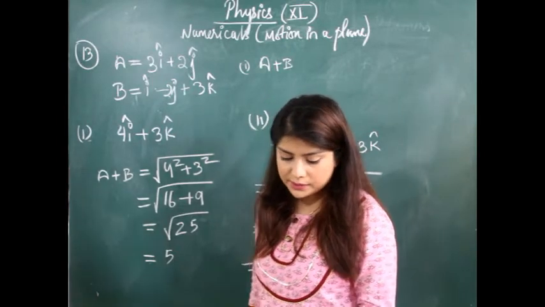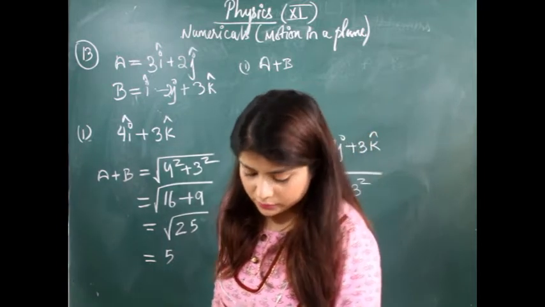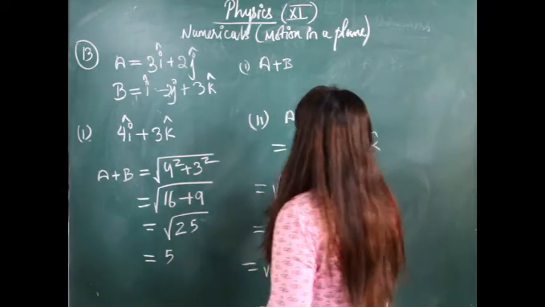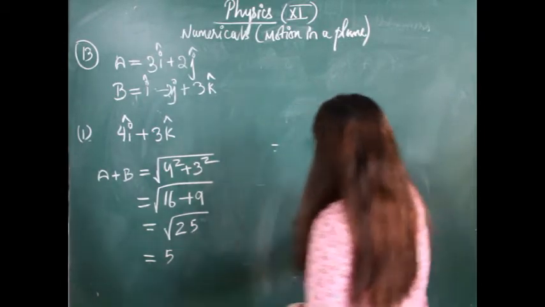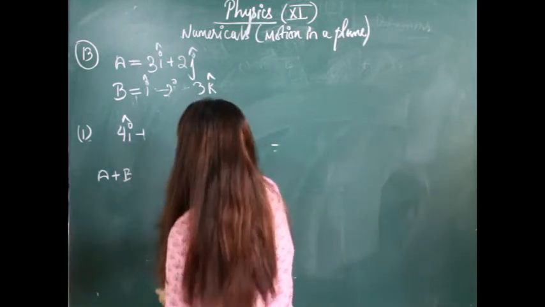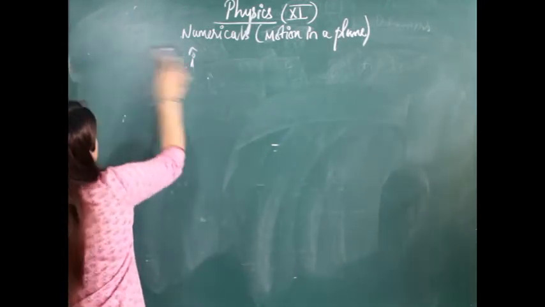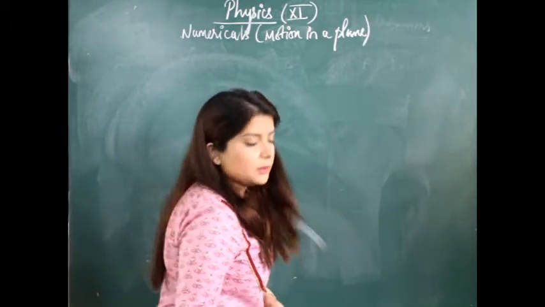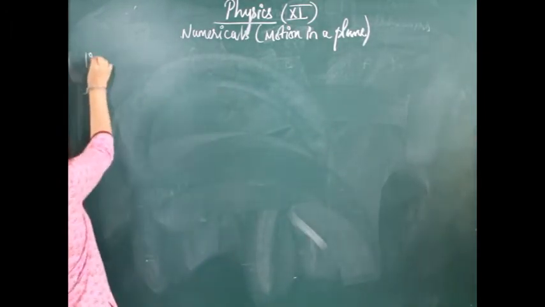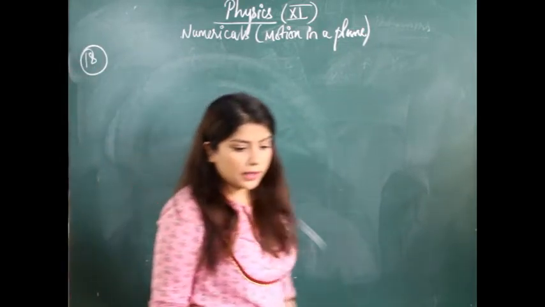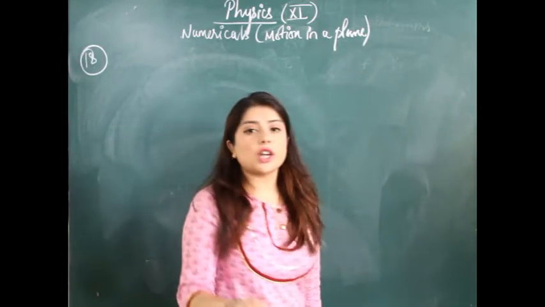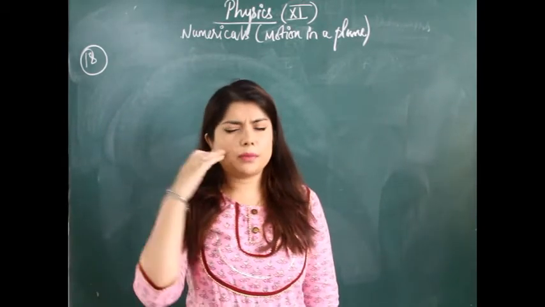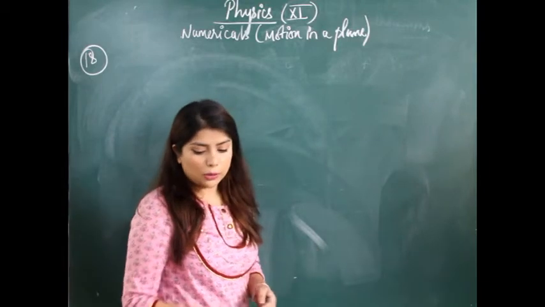There are two vectors given and we have to find the value of C. In question number 18, the two vectors are perpendicular to each other. Perpendicular to each other means theta is 90 degrees. Keep that in mind. You need to think that way.